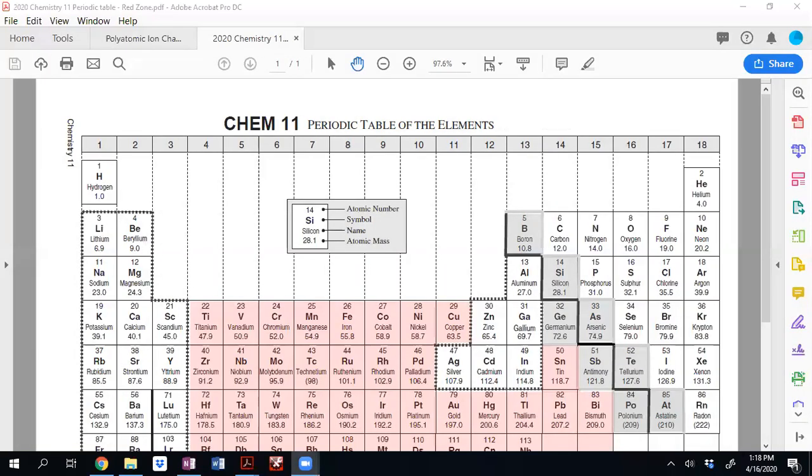Now, if you are having trouble remembering your charges, you can, if you really, really want to, write them down on your periodic table for yourself. I would prefer it if you memorize them, but you know what? It's the COVID. I'll be a little bit less particular.